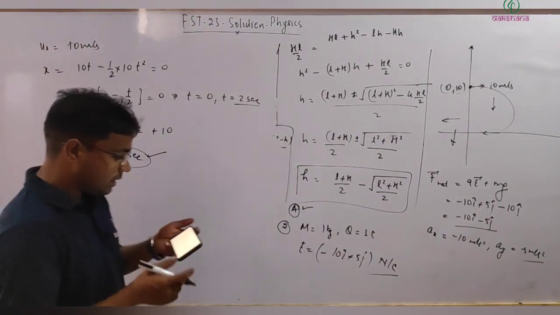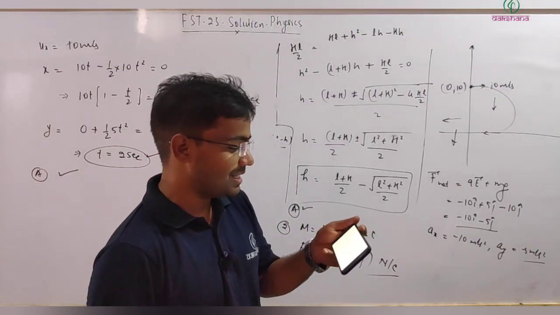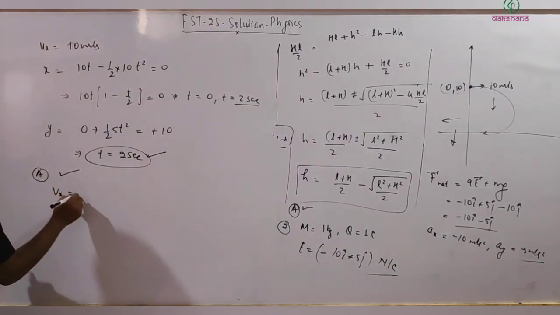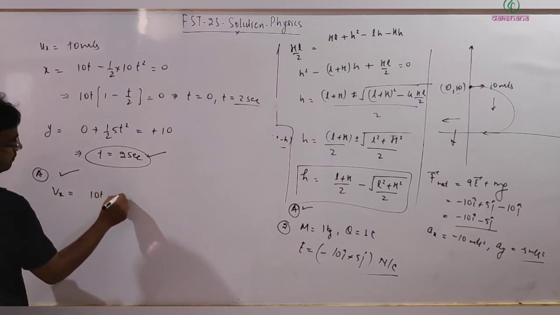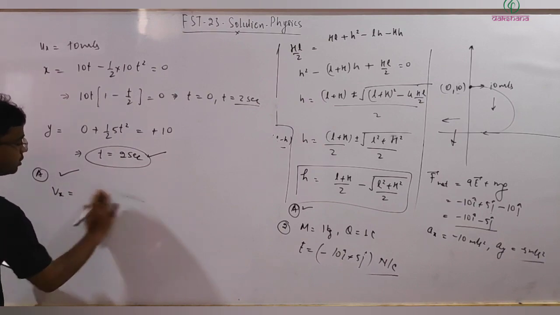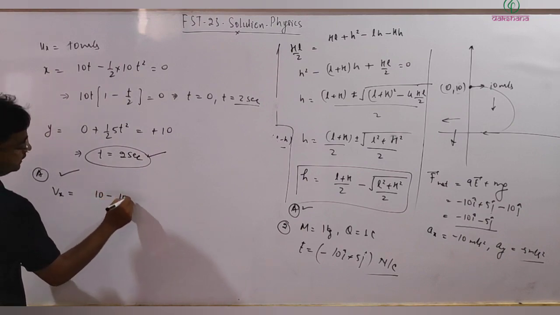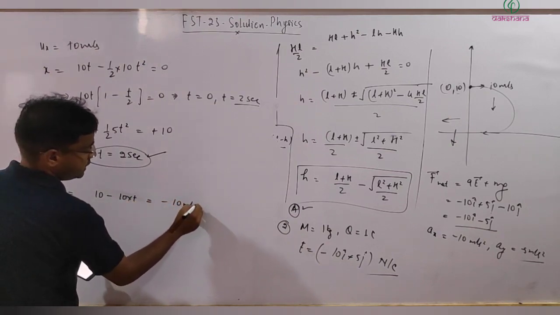Next, while crossing the origin, the trajectory makes equal angle with both the negative x and negative y directions. We can check that by checking the velocities. vx is 10 minus 10t, since v equals u minus at. With t equal to 2 seconds, that comes out to be minus 10 meter per second.